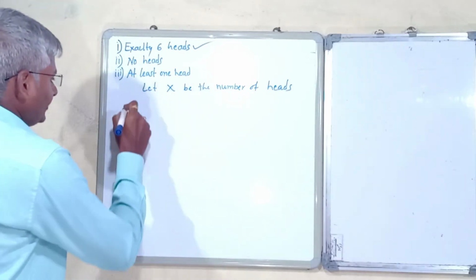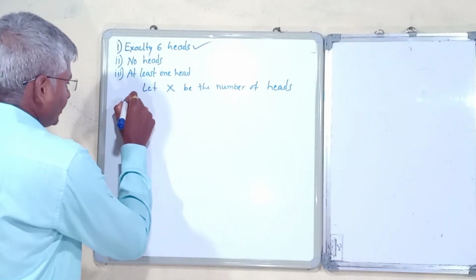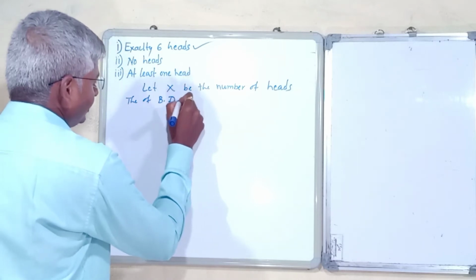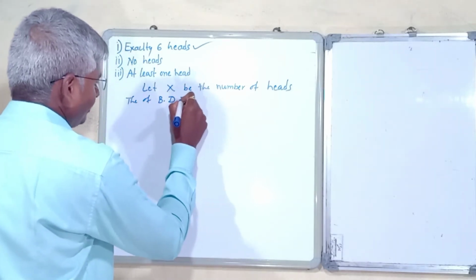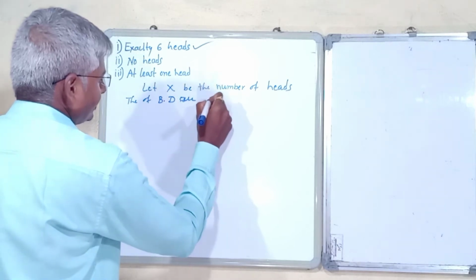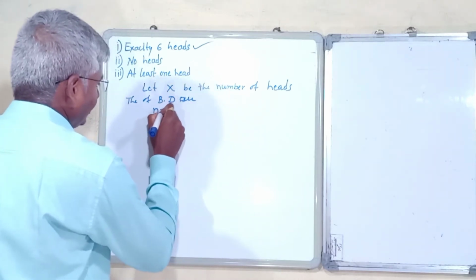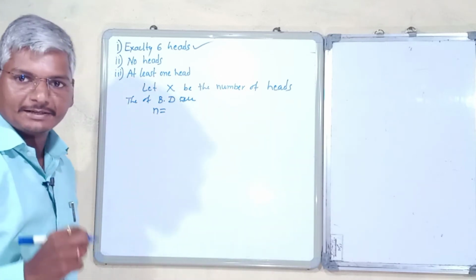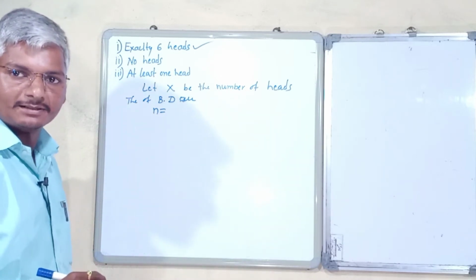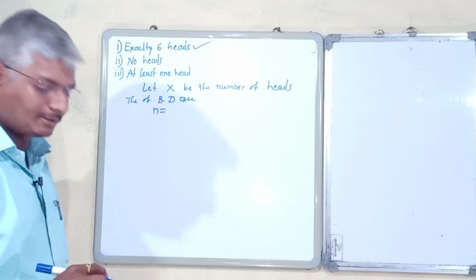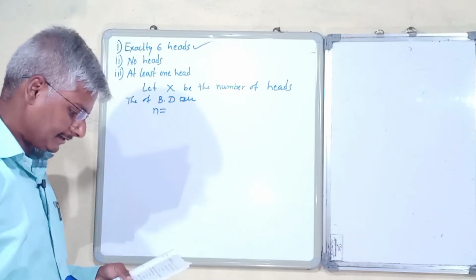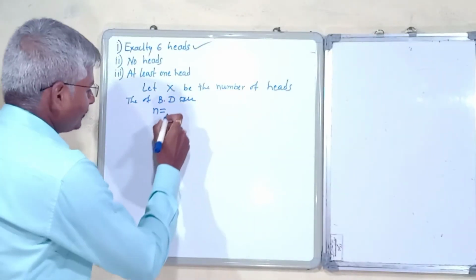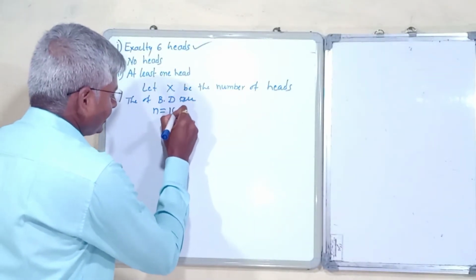Then the parameters of the binomial distribution are n and p. Here n equals, how many coins are there? There are 10 coins tossed simultaneously. So our n is 10.